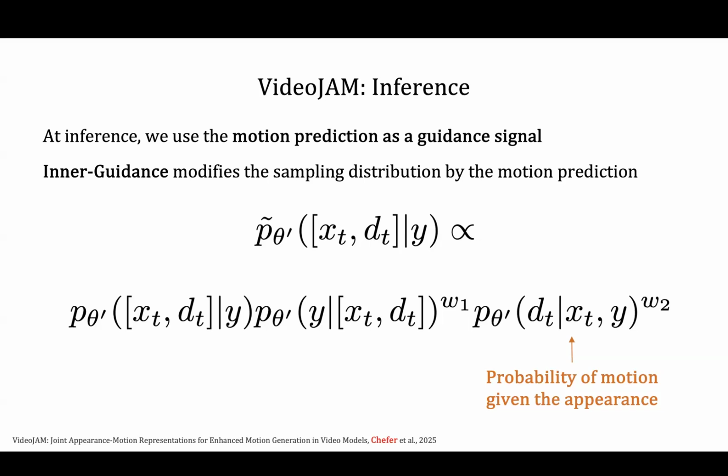Okay, look at this as a probability, right? What's the probability that I'm trying to maximize here? The probability of the text given the video and the motion. Here, I try to maximize the probability of the motion. And this term is aimed to improve the temporal coherence of the video, because we want to maximize the probability of the motion.